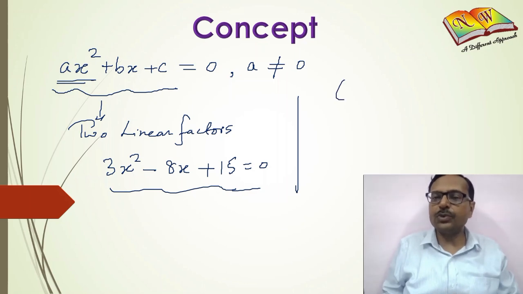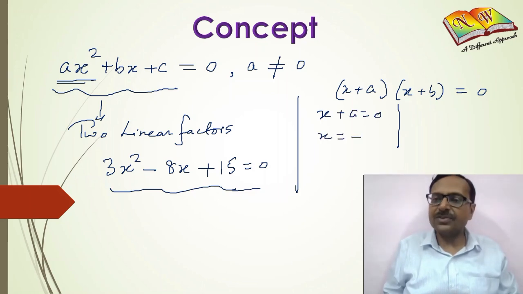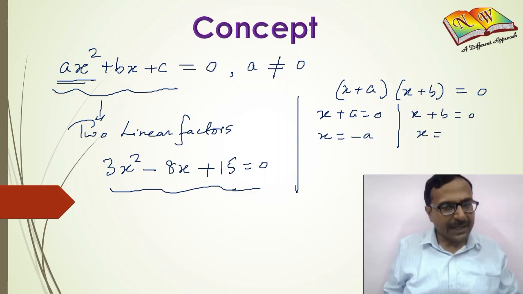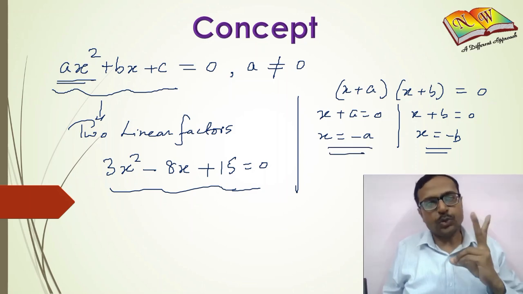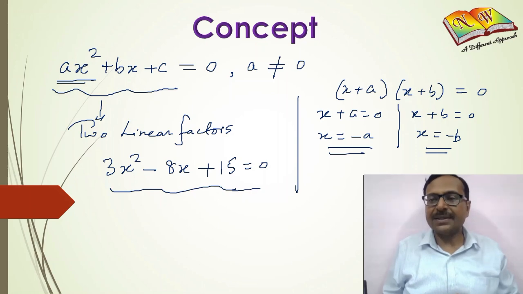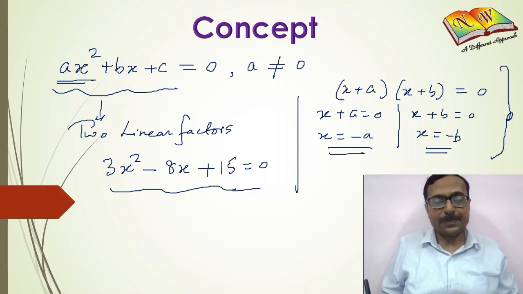When you substitute those two factors, say x plus a and x plus b equal to 0, then you can equate x plus a equal to 0 to get the first solution, and equate x plus b equal to 0 to get the second solution. And therefore every quadratic equation has two solutions. But this is the algebraic way of solving the quadratic equations. We will be solving a particular quadratic equation in this activity using the experiment.